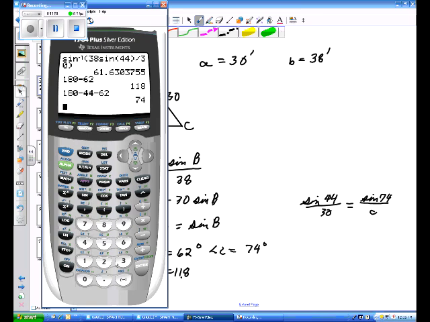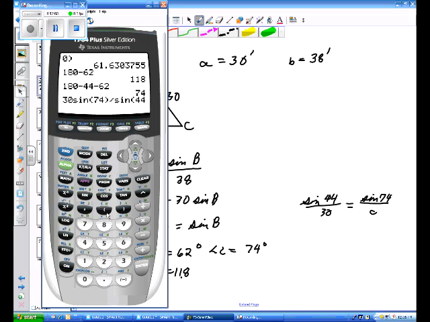I'm going to get the product that I can, so I've got 30 sine 74 divided by the sine of 44. This is just doing the regular law of sines. And so I get that side C would be 42.